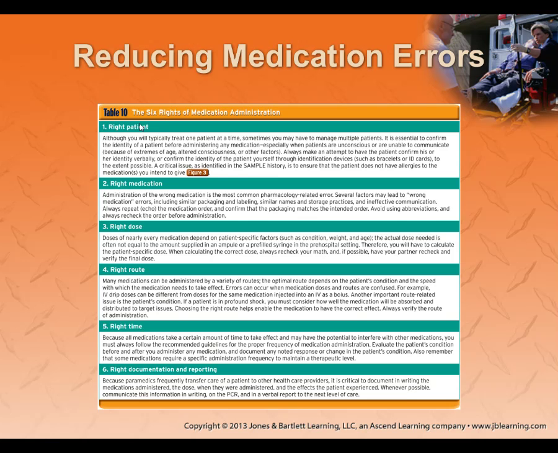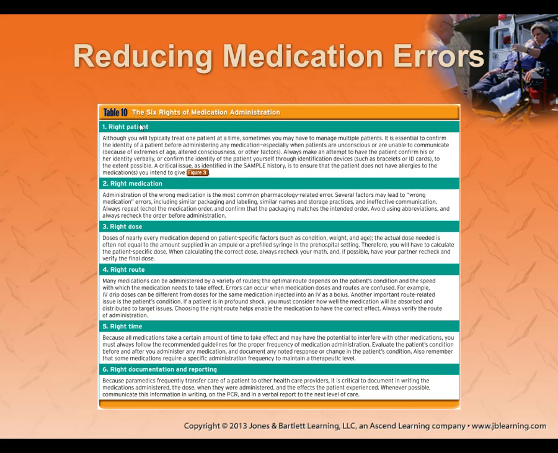It is easy in a large setting with a lot of patients to grab a medication and give it to the wrong patient, so you have to verify the patient by at least 2 forms. Then the right medication. Make sure you're pulling the right medication out of the med cabinet. You don't want to house things next to each other that could be mistaken for one another. It's an easy way to make a med error.